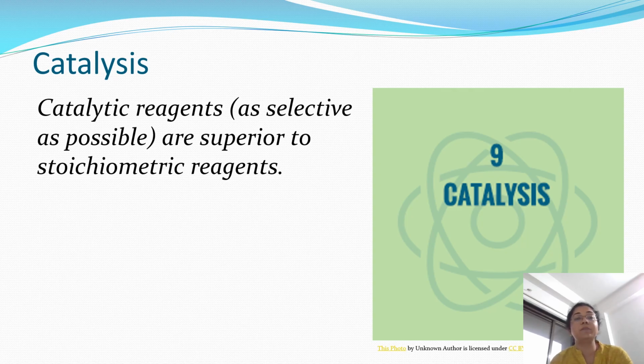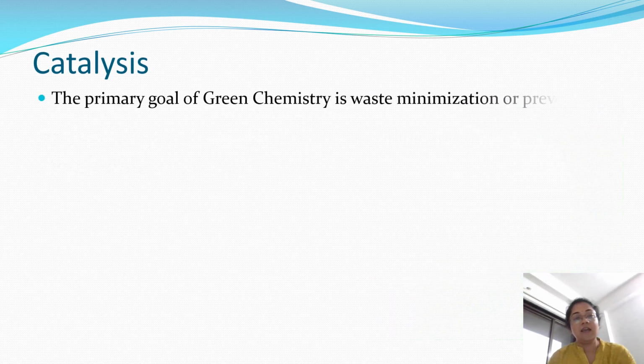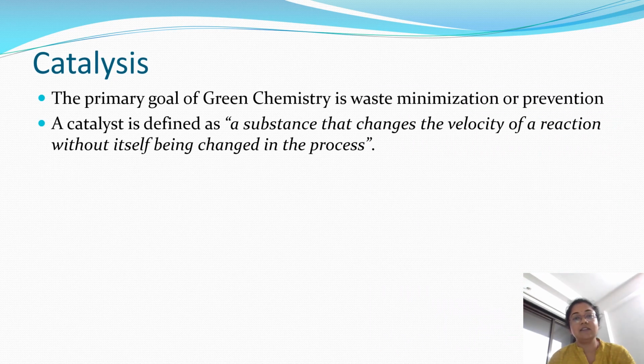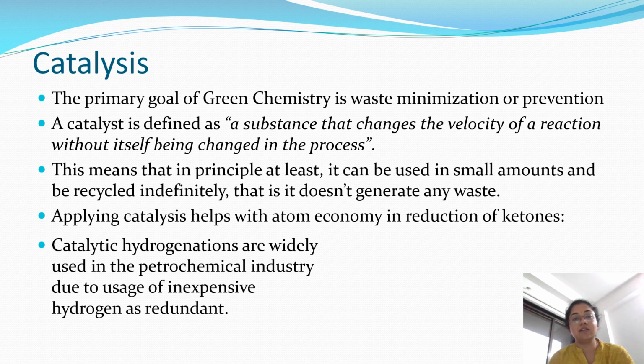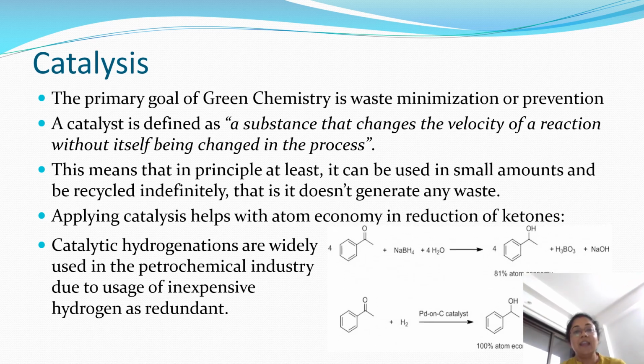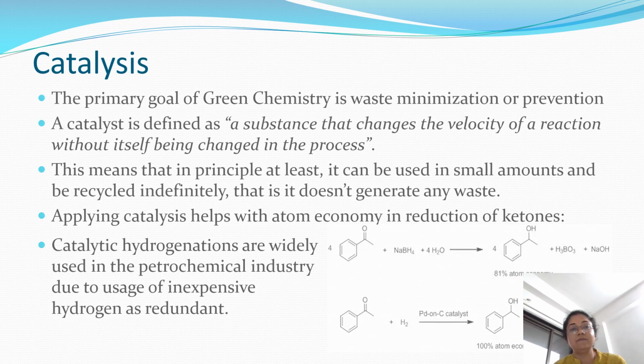So we should move our focus towards catalysis, as we have seen that catalysis is very important for industrial processes to maximize product formation and minimize side reactions. Catalytic hydrogenation, which was widely used in petrochemical industries due to the use of inexpensive hydrogen as a reductant, is a classical example.